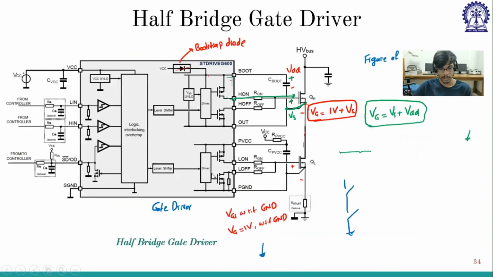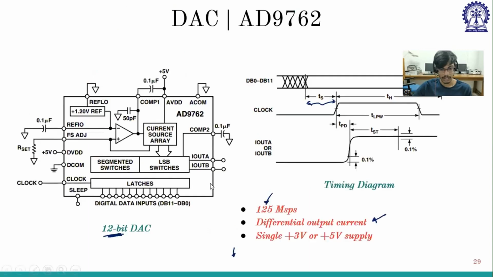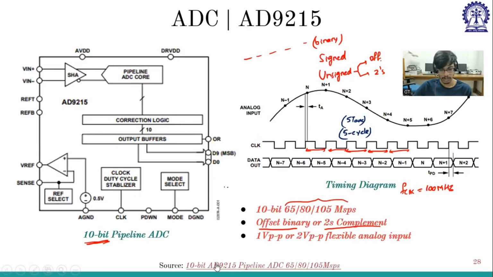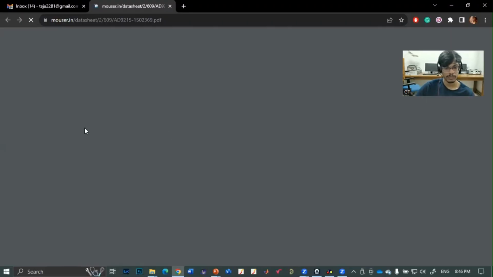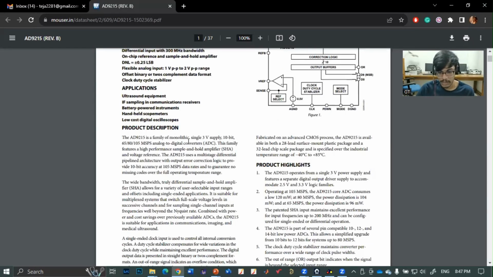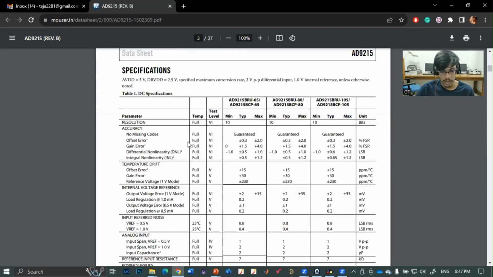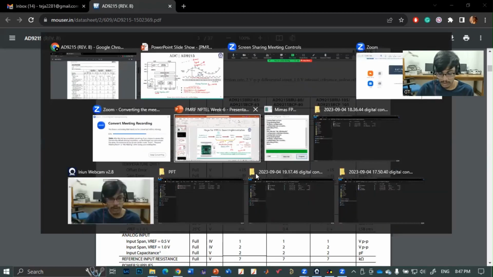So let me go back to the ADC. So this is DAC. So this is the ADC. Sir, please explain once again the parallel ADC. Okay, let me see if they have given bandwidth or not. So what was your doubt?